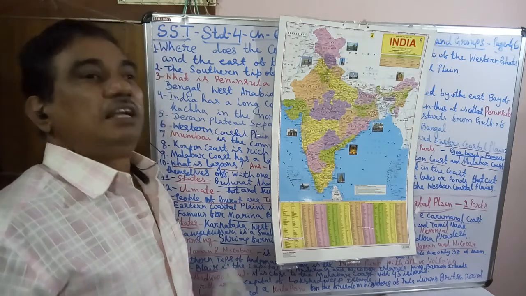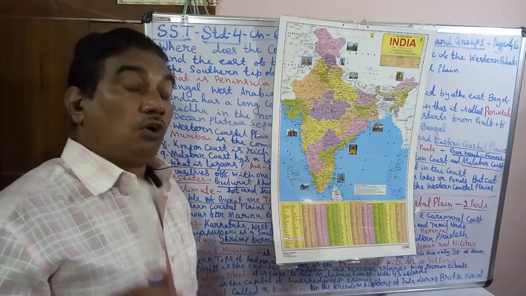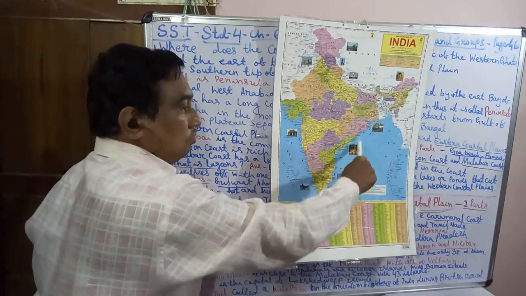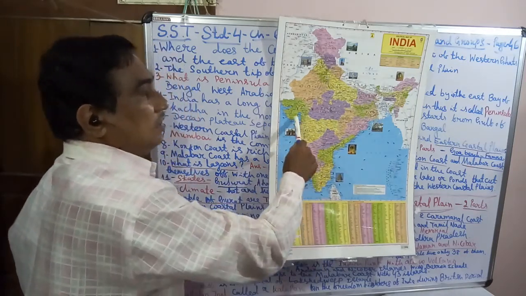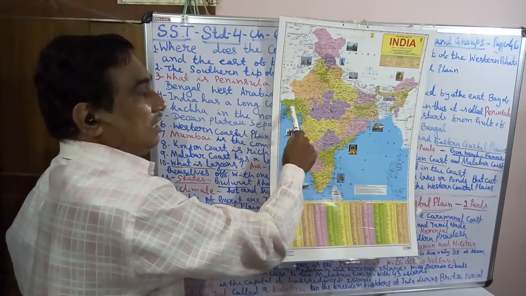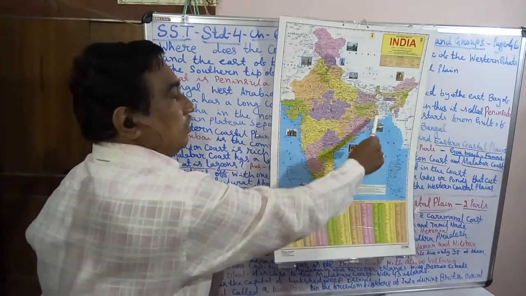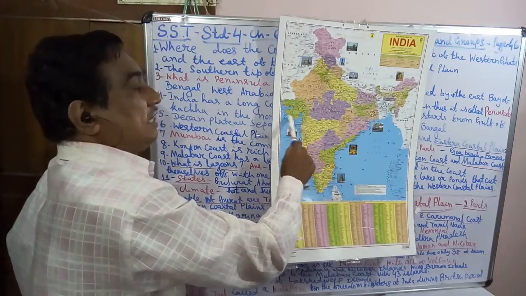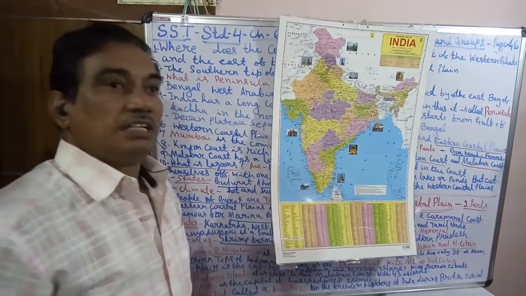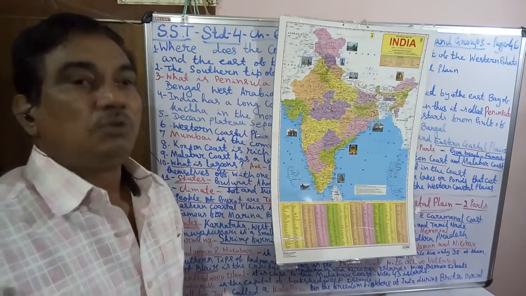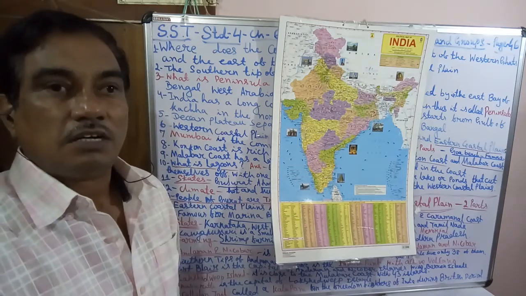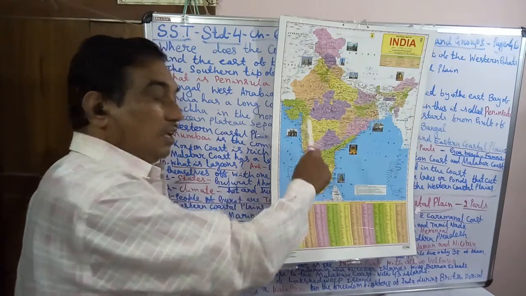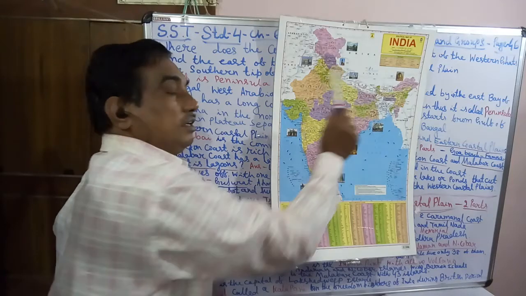Do all of you understand? India has a long coastline of 6,000 kilometers, from Gujarat, the Rann of Kutch in the north, to West Bengal.